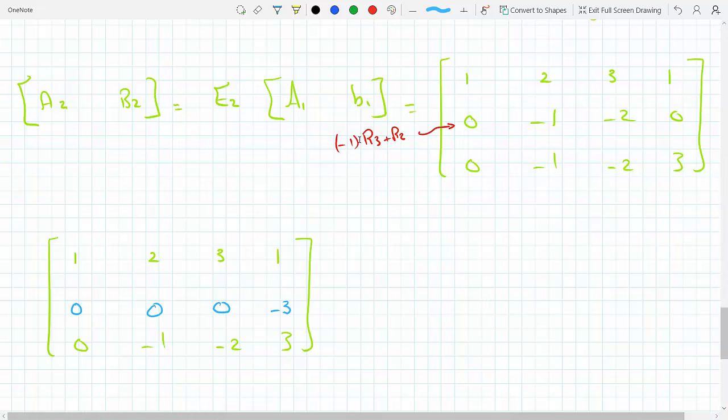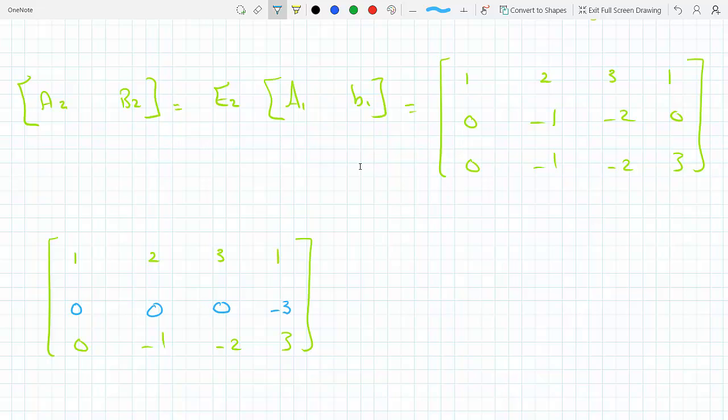This is supposed to happen on row number 3. I apologize. Yeah, this is here. I'm trying to make from row 3, so this will be 0 1 0.